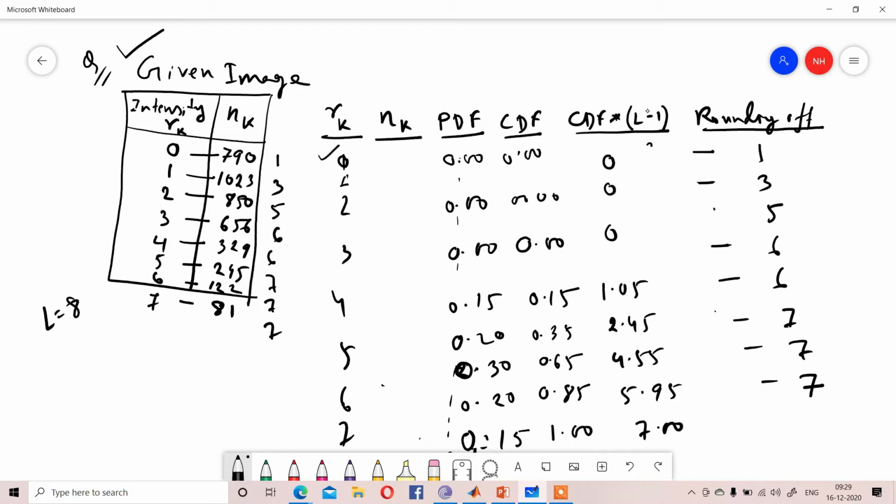So for the target image, your histogram equalized intensity level will be 0, 0, 0, 1, 2, 5, 6, 7. Okay, I think it is clear to all of you.